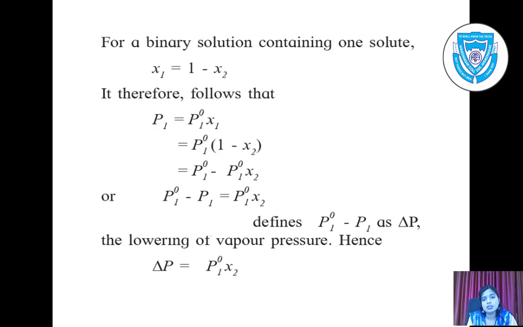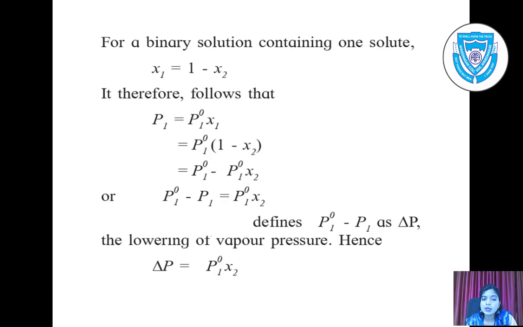Now for binary solutions containing one solute, we have X1, the mole fraction of the solvent, equal to 1 minus X2. It therefore follows that P1 is equal to P01 into X1, and since X1 is equal to 1 minus X2, we insert this. So P01 minus P1 is equal to P01 into X2.